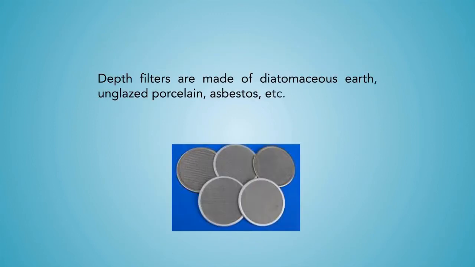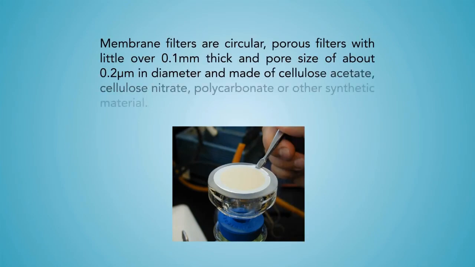Depth filters are made of diatomaceous earth, unglazed porcelain, asbestos, etc. While membrane filters are circular porous filters a little over 0.1 millimeter thick with a pore size of about 0.2 micrometer in diameter, and these are made up of cellulose acetate, cellulose nitrate, polycarbonate or other synthetic material.